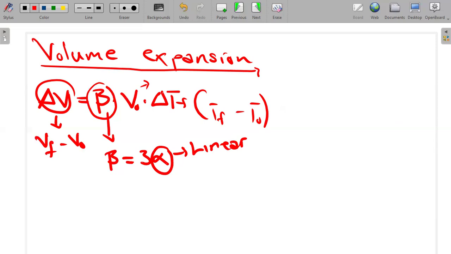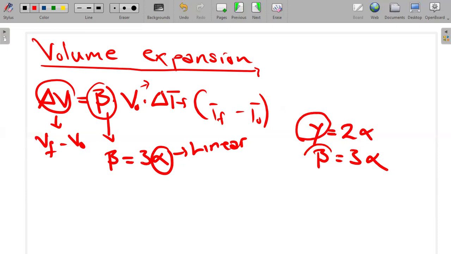Also, when it comes to the coefficient of area expansion, we say gamma is equal to 2 times alpha. And we've also said beta is equal to 3 times alpha, like this. So what will be the relationship between the coefficient of area expansion and the coefficient of volume expansion?